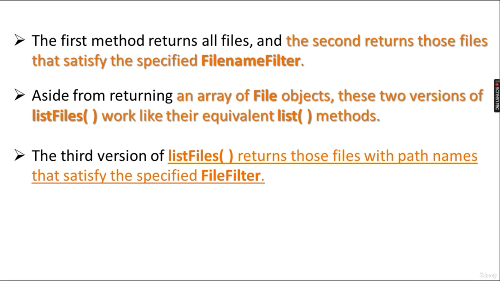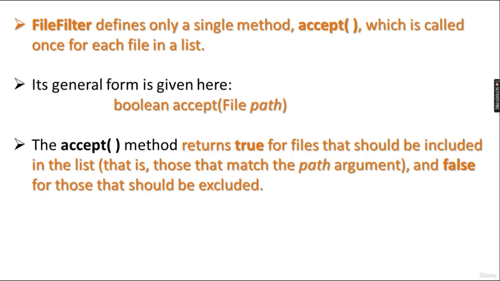The third version of listFiles returns those path names that satisfy the specified file filter. FileFilter gives you only a single method, accept, which is called once for each file.